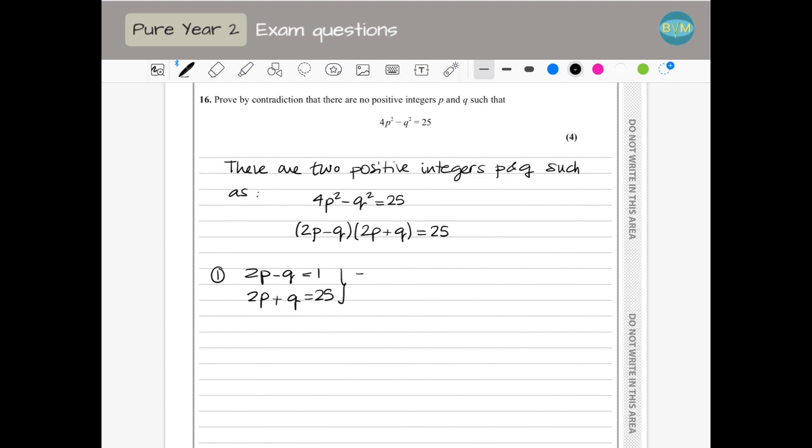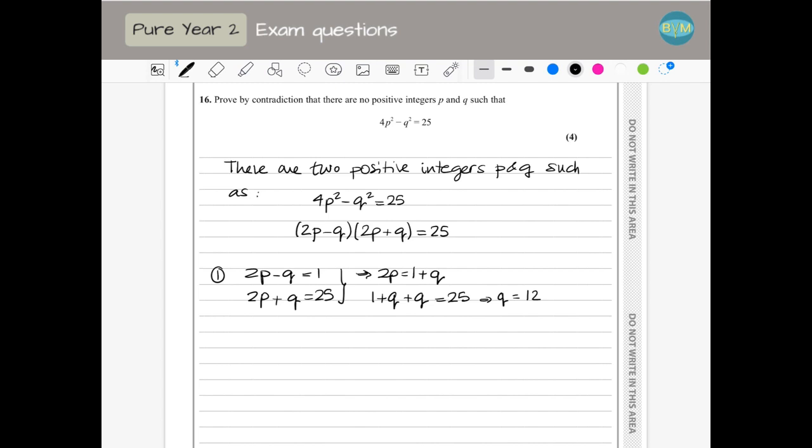I'm just going to solve simultaneous equations. So 2p is 1 plus q. I can substitute the 2p, and I have 1 plus q plus q equals 25, which means that q is 24 divided by 2, 12, which could be okay.